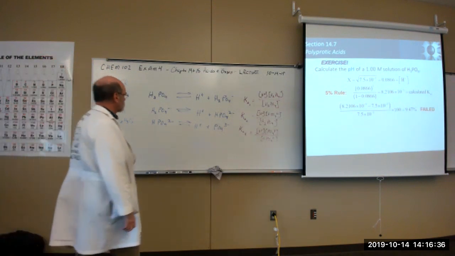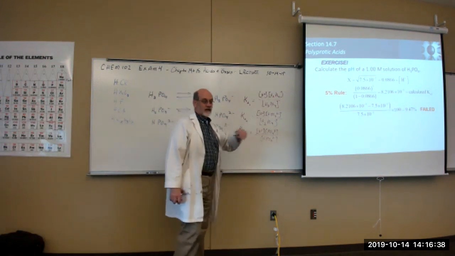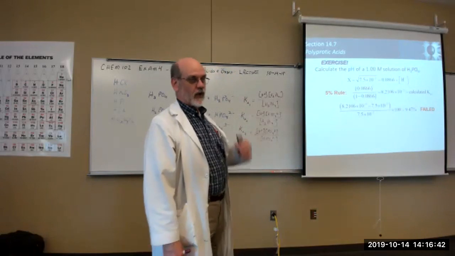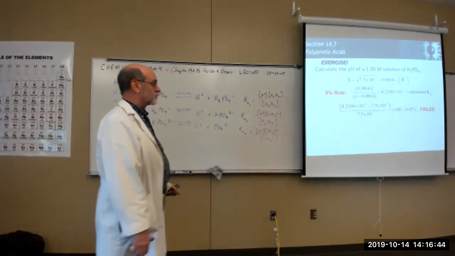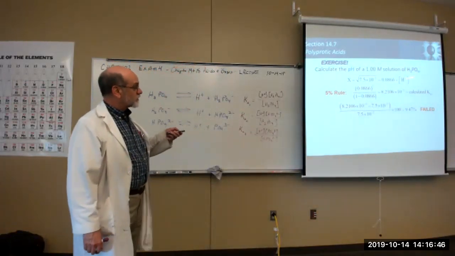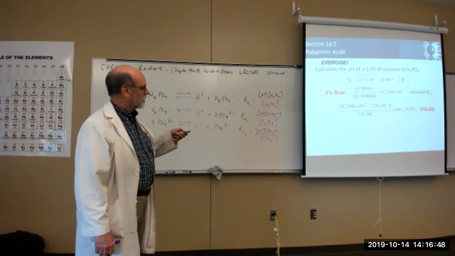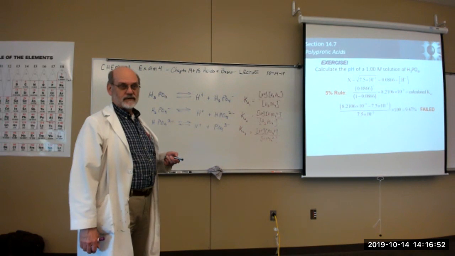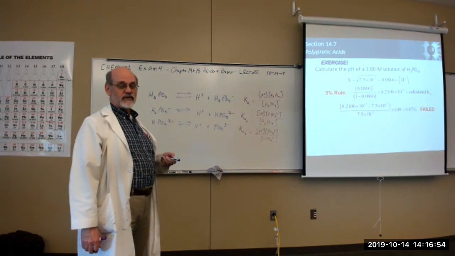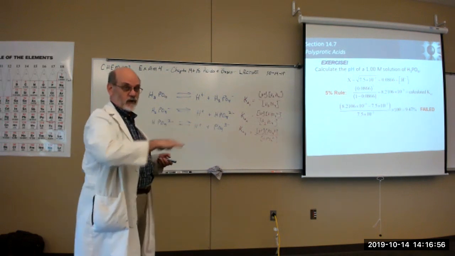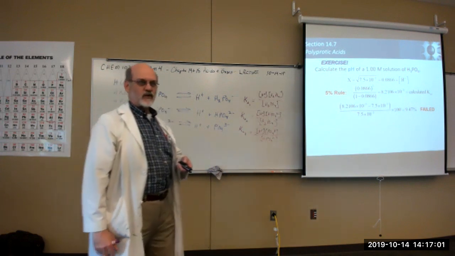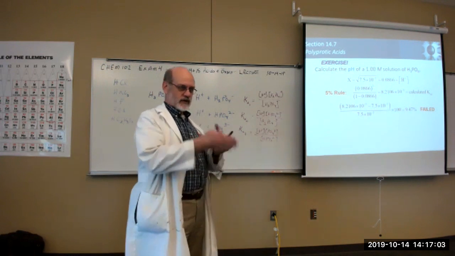You can set up your quadratic, not cancel out that X because it's significant, and solve the quadratic. Or you can take this concentration and plug it into the X value that you had canceled before, and then solve for the other X's. That's called the process of iteration, so you get closer and closer.